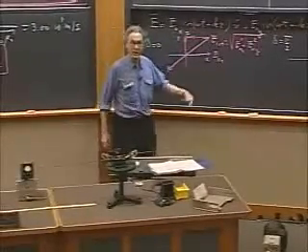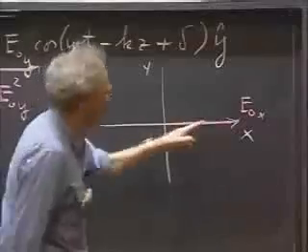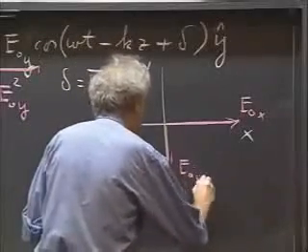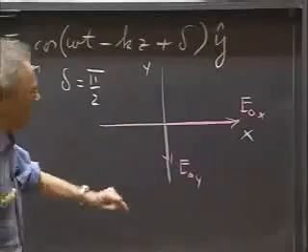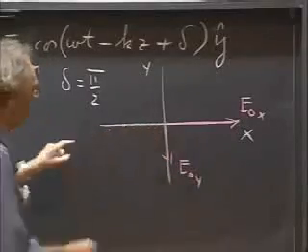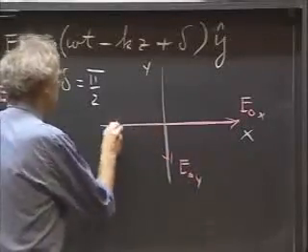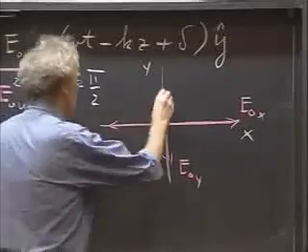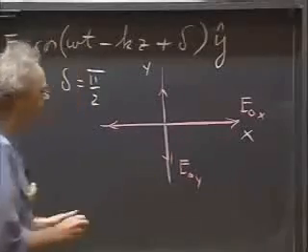A quarter period later, this one becomes 0, but now you have here E0y. A quarter period later, this one is back to 0, and now this one is here. And a quarter period later, this one is again 0, and this one is here.